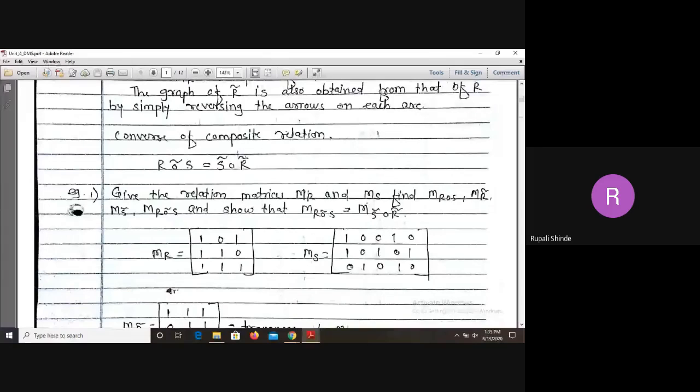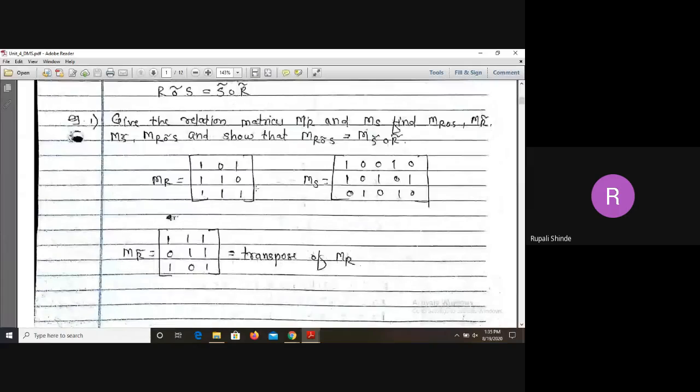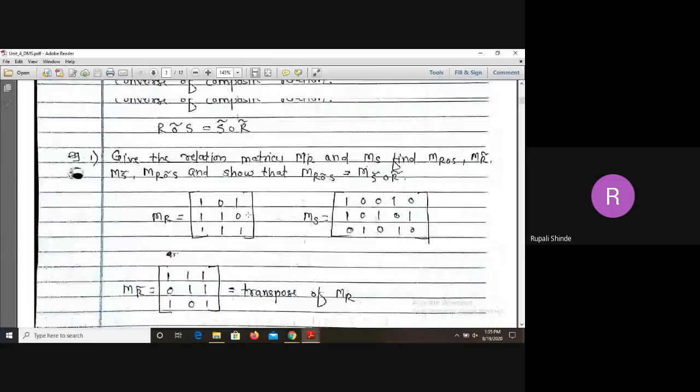That's why we write the formula that the converse of R composition S equals S converse composition R converse. So in this way we can prove this last statement.